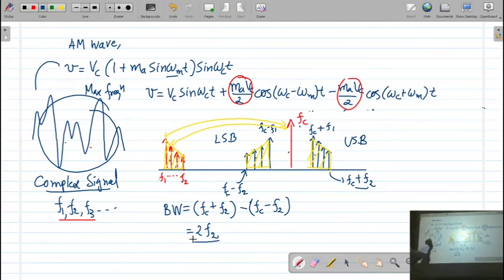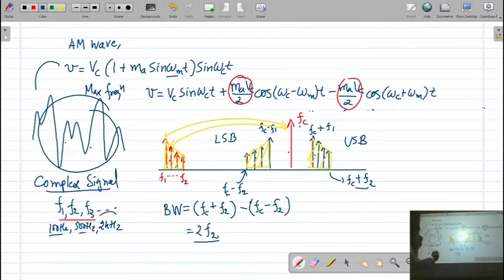Correct? So let us say the lowest frequency is 100 Hz, then another frequency is 500 Hz, then we have 2 kHz. These are the frequencies present in a complex signal. But if I want to calculate the bandwidth, I don't have to consider the 100 Hz and 500 Hz.